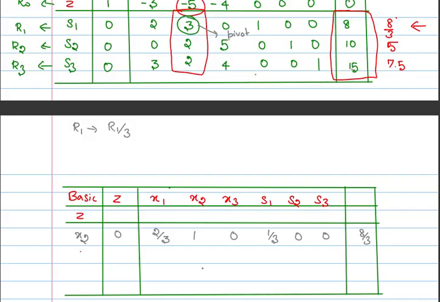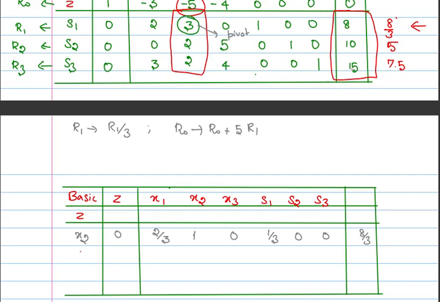The Gauss-Jordan method says the entries above and below the pivot position also become 0. Using this, for R0, suppose minus 5 is there, correct? I take R0 as R0 plus 5 times R1.